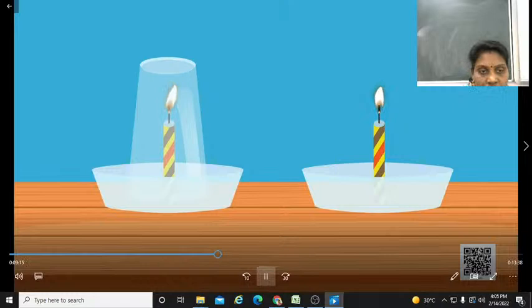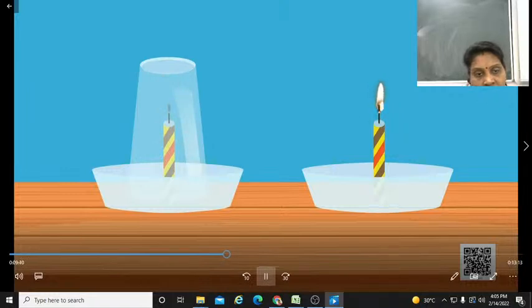Do both the candles continue to burn or go off? You will observe that the candle covered with the glass will extinguish after some time, while the other candle will continue burning. What can be the reason for this?